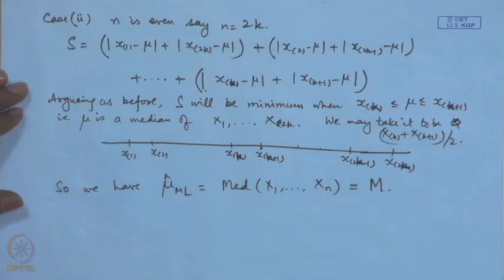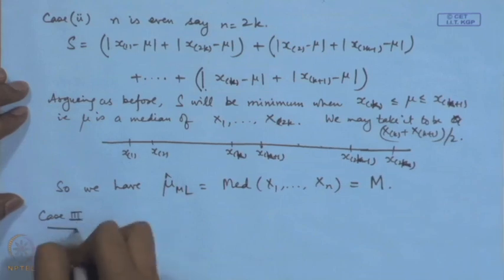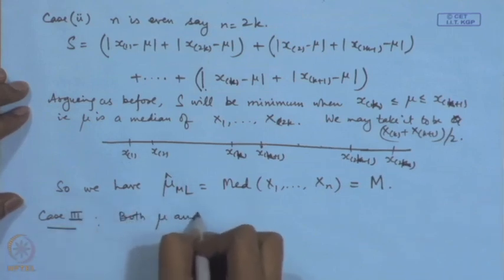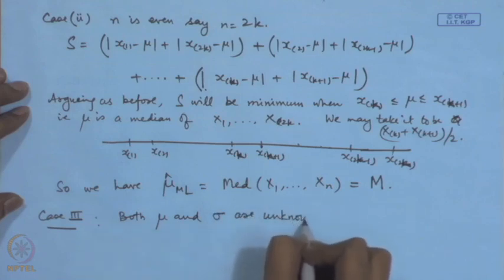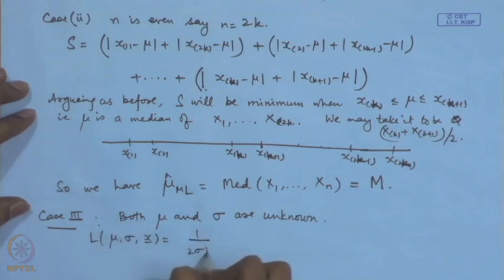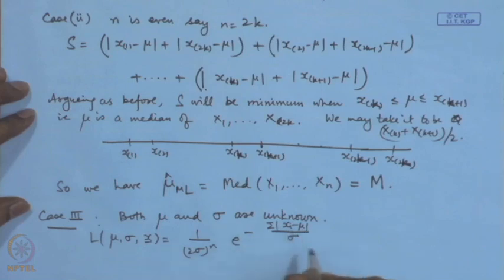So, now let us consider the important case when both the parameters, both mu and sigma, are unknown. In this case, the likelihood function is equal to 1 by 2 sigma to the power n e to the power minus sigma modulus x I minus mu by sigma.